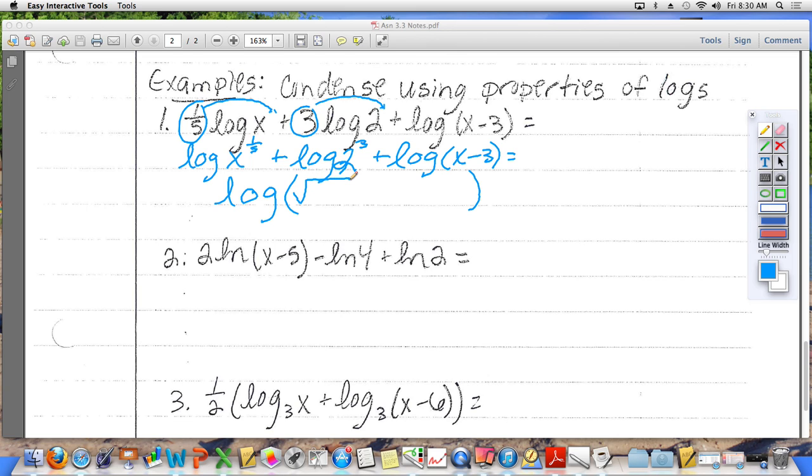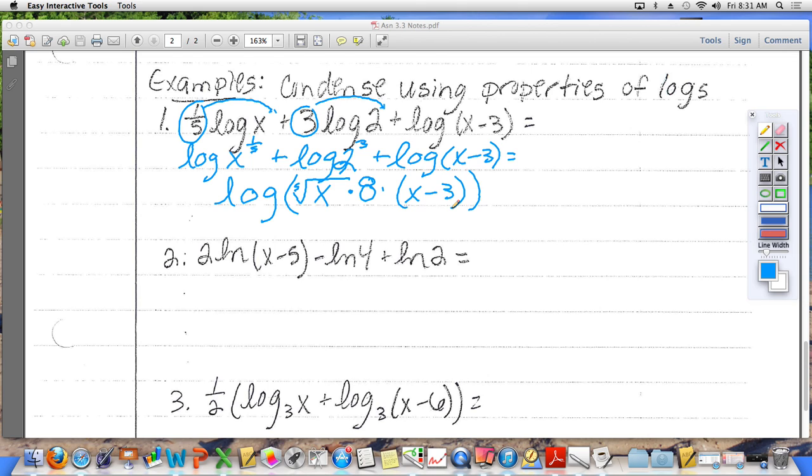The 5th root of x. I'm going to put a little 5 out here. I'm taking the 5th root of x, times, what is 2 to the 3rd power? 8. So the 5th root of x times 8 times x minus 3.